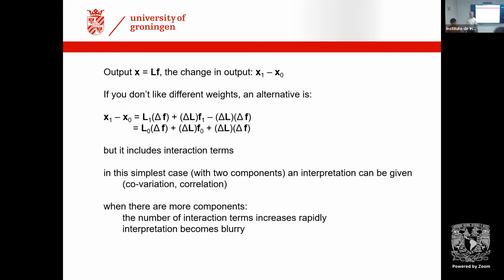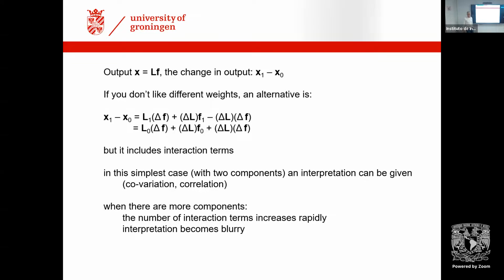Some people do not like that. Well, in that case, it's given here. Here, the expression for delta F and delta L has the same weights, period 1, and weights at period 0.